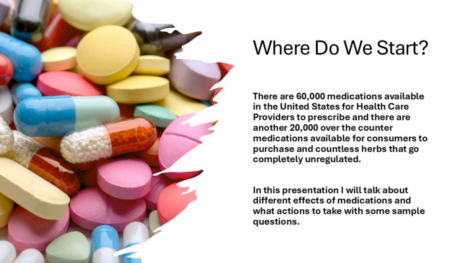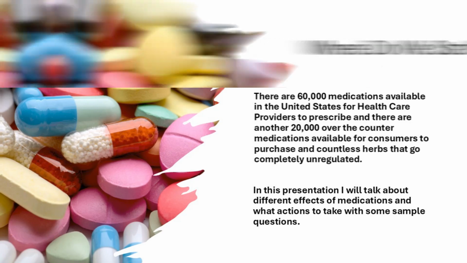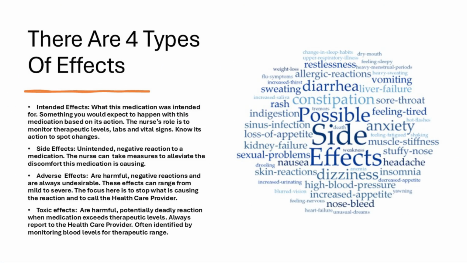What I want to do with this presentation is to explain to you the different kinds of effects that you would expect from medication and how to handle that. So the very first effect of any medication, of course, is the intended effect. This is what the medication is actually intended for.